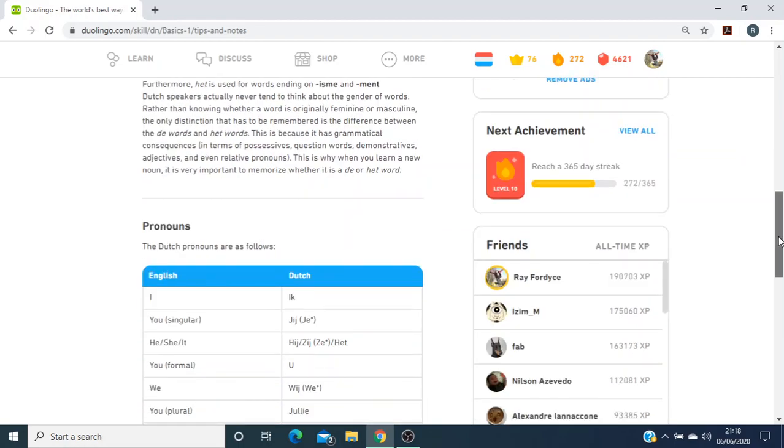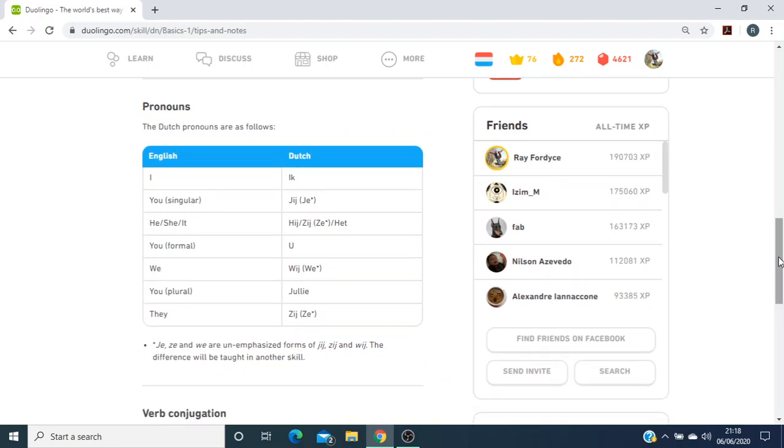So next thing we'll learn, pronouns. So this is first subject pronouns, like I, you, he, she, and it here. So I is ik. You singular, because Dutch is another one of those languages that has more than one word for you.